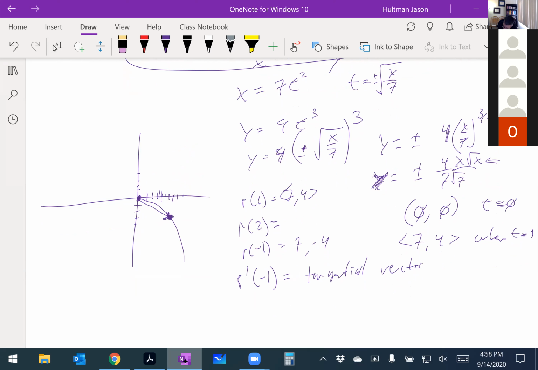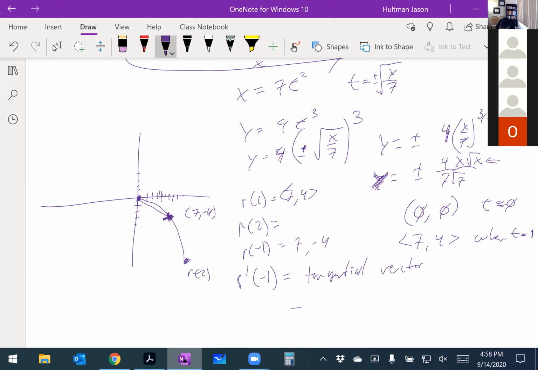What's happening at 7, -4 is we want the tangential vector, which we said was -14i plus 12j.